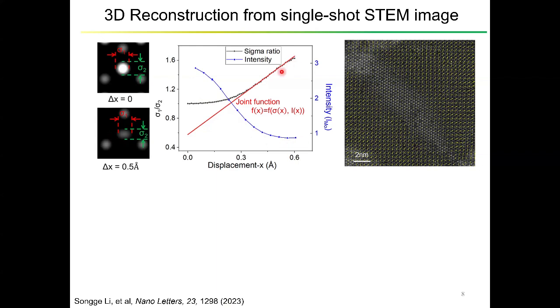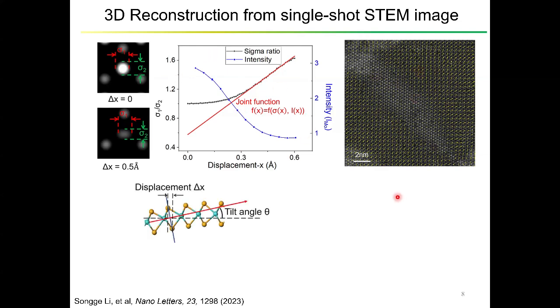We can extract the shape variation from the calculation to construct a linear variation between the displacement and the intensity with the shape information. Okay, so by doing this, in each column, we can identify how large the displacement of the two selenium atoms is relative to each other. So this is the displacement vector map that we get from this correlation.